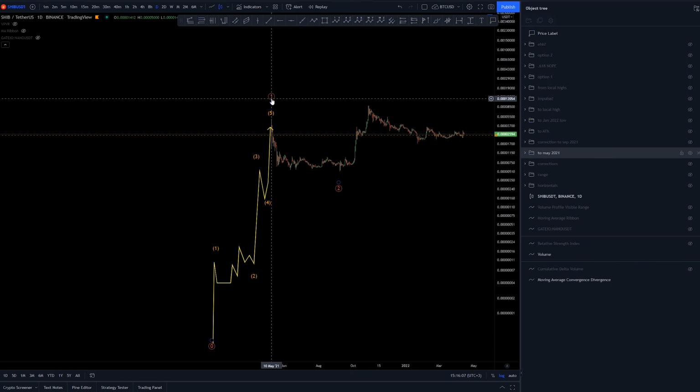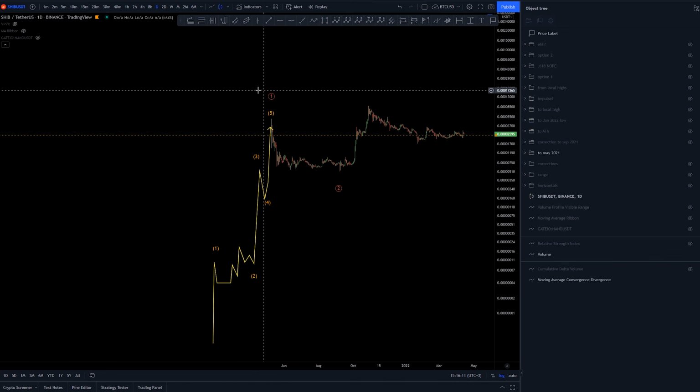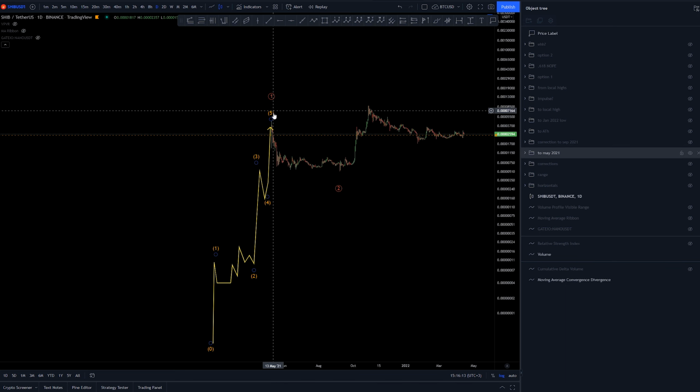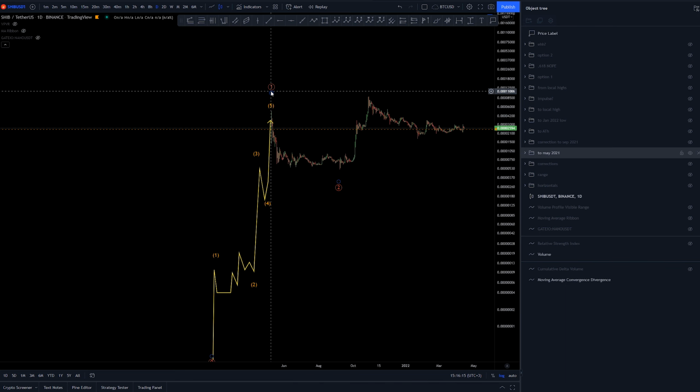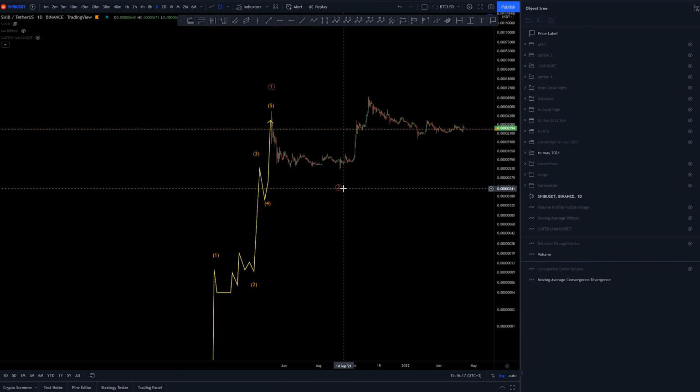But if we do not ignore it, this is most likely a 1-2 of some higher degree, whether it is primary or cycle, I'm not sure. In any case, I charted this just in case, so we get some view of what is happening.